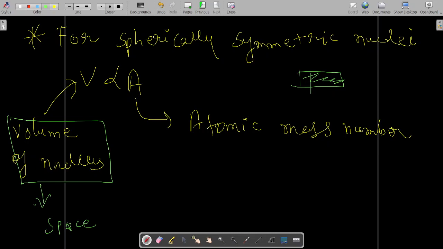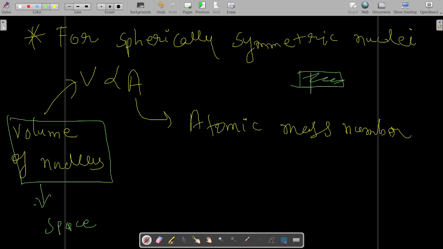On the nucleus you will apply quantum mechanics, not Newtonian mechanics. But on the eraser you will apply Newtonian, not quantum. So that is the difference.